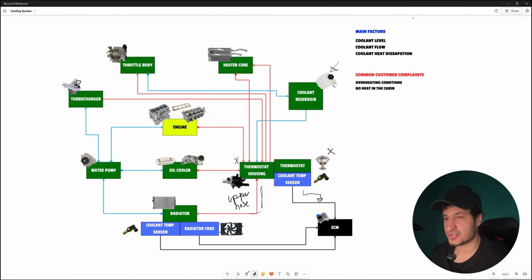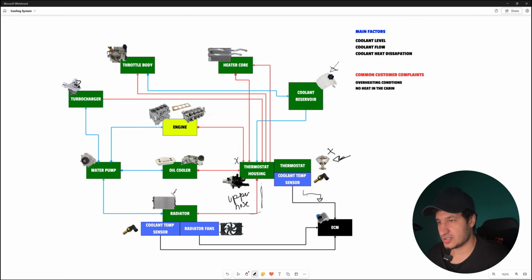That difference of temperature is just for a specific code to diagnose this guy over here, a bad thermostat. Some cars will have that and some cars won't, but that's the main reason. It's to tell the temperature difference to diagnose a bad thermostat. I already had a scenario like that once. I don't remember the code, but that's basically the gist of why we have two temperature sensors here.